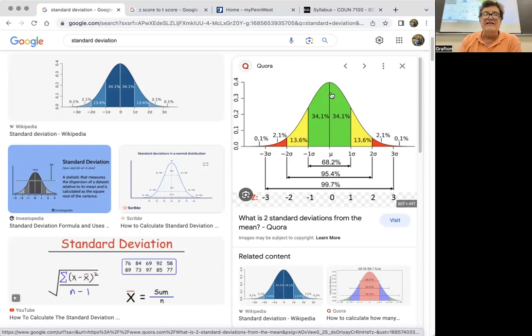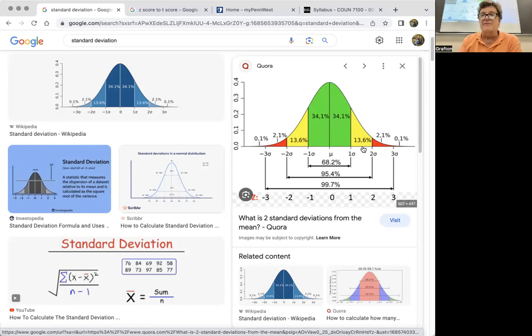So these numbers are difficult to remember because they are point something. And it's also difficult to figure out in your head or on a little piece of paper during a test. So you can round these off. Okay, so you could say 34% is 1 standard deviation from the norm in either direction.